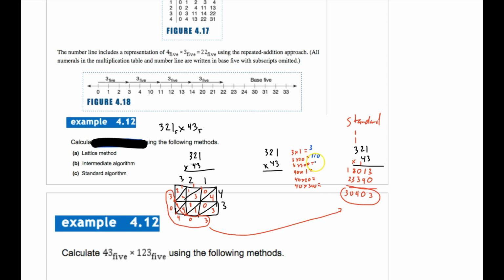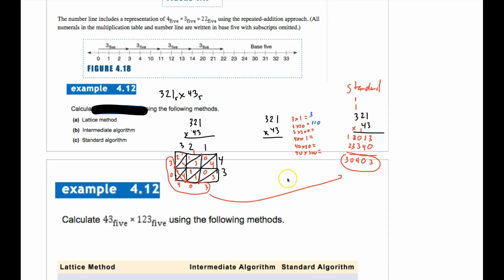But then that 9 is going to be, so this right here, 3 times 3 is 900, so a 9 is the same as 1, 4, and then with the 2 zeros. Here you have 40 times 1, so that's just 40. 40 times 20, so it's 4 times 2 is 8, which is 1, 3, and then add the 2 zeros. 4 times 3 is 12 again, so that's 2, 2, and then add the 3 zeros.